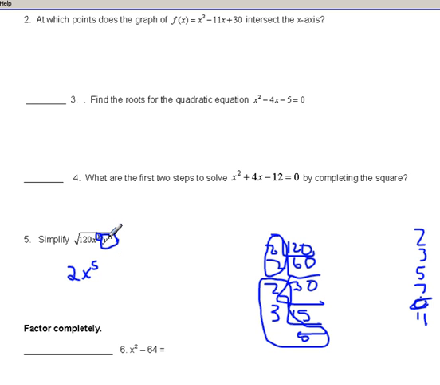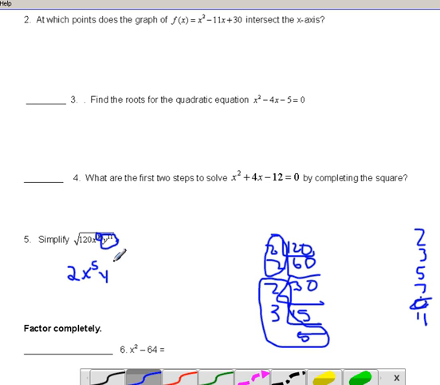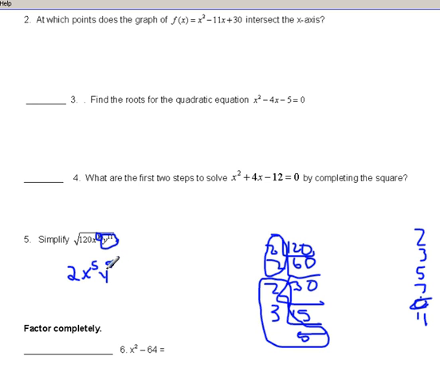Now, how many buddies do we have in y to the 11th? Well, we're going to have 5 buddies again, so it's going to be y to the 5th. Oh, wow, that's ugly. And then what's left inside is your 2 times 3 times 5, which is 30, and then you'll actually have 1 y left over.